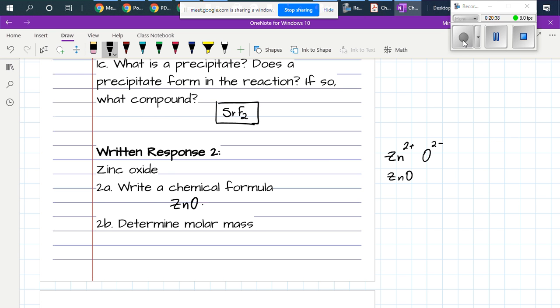To determine the molar mass, we have to identify the number of atoms in this compound, which means that we have 1 zinc and 1 oxygen.